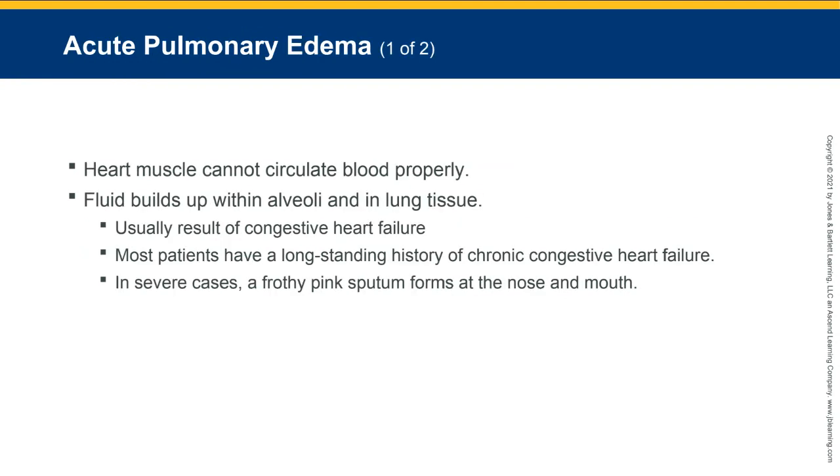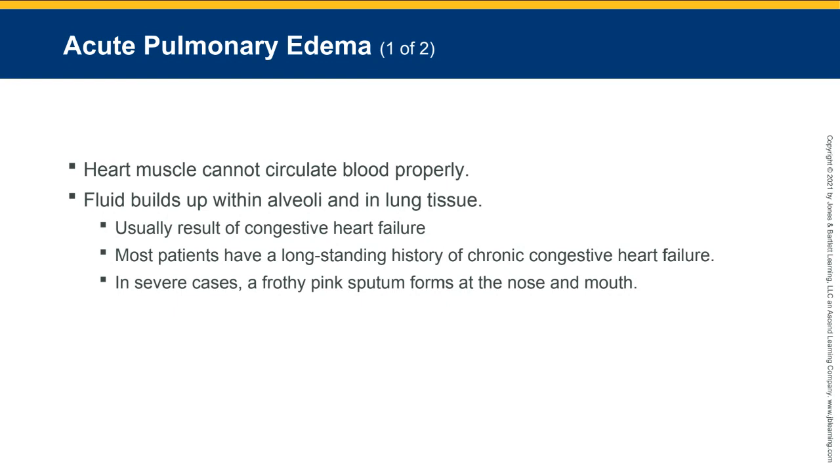Now, acute pulmonary edema. Quite a few things can cause pulmonary edema. One of the most common causes of acute pulmonary edema is actually being exposed to chemical agents. Other things can cause it too. Congestive heart failure can cause it.